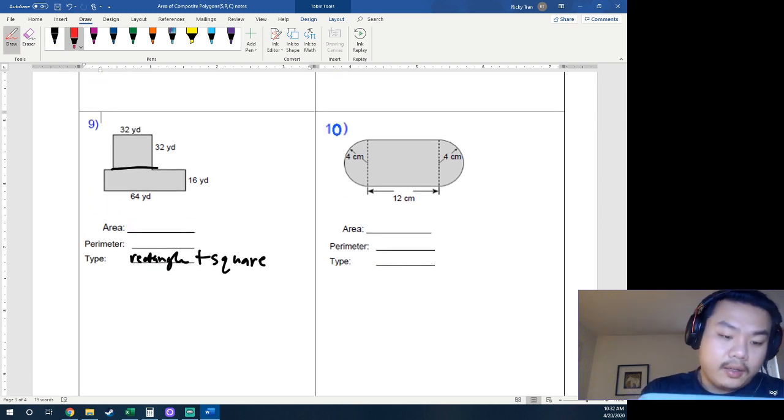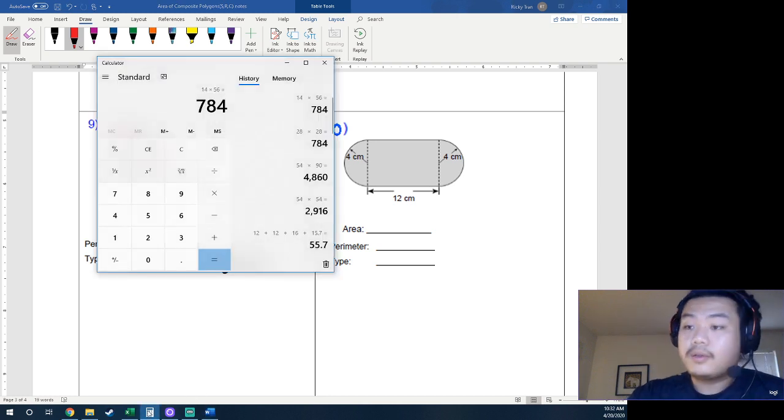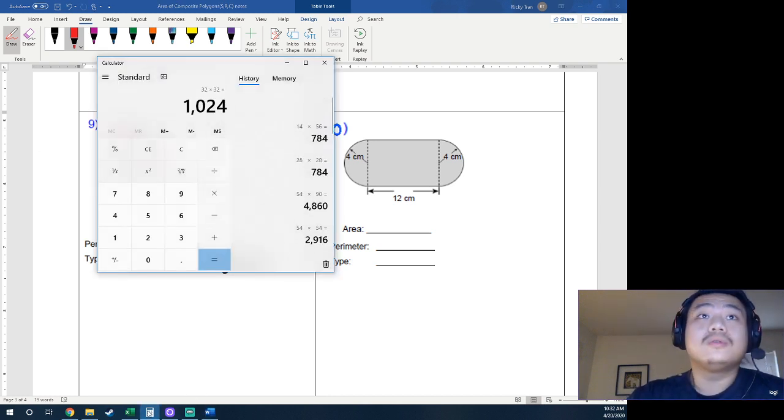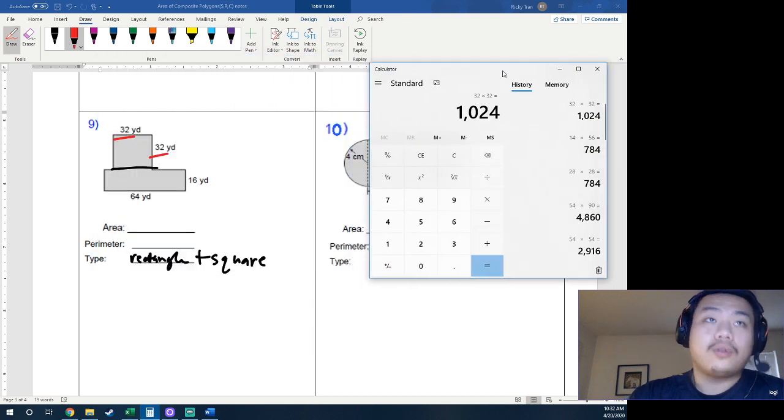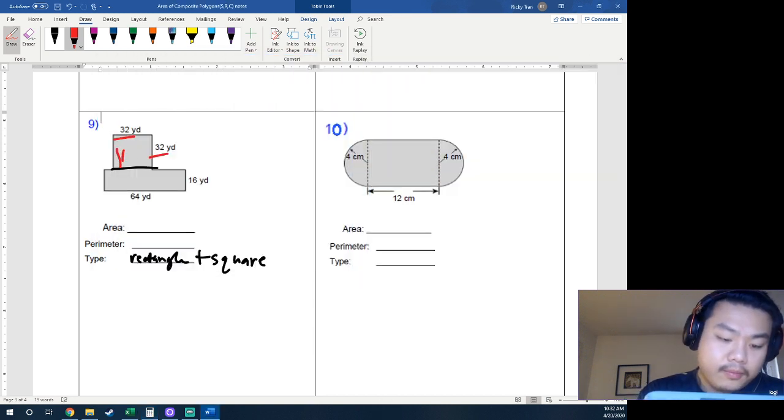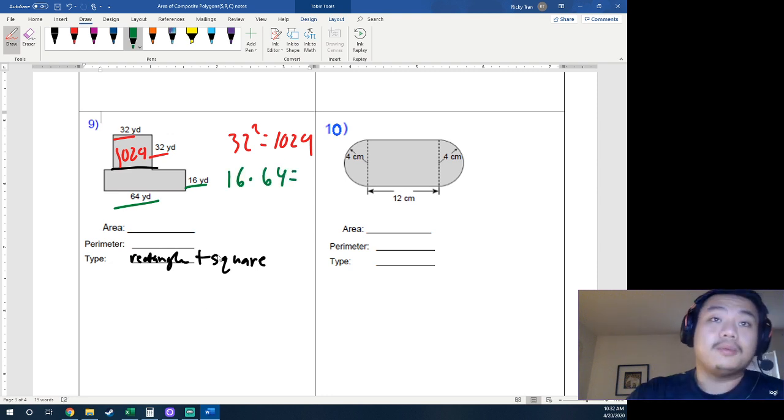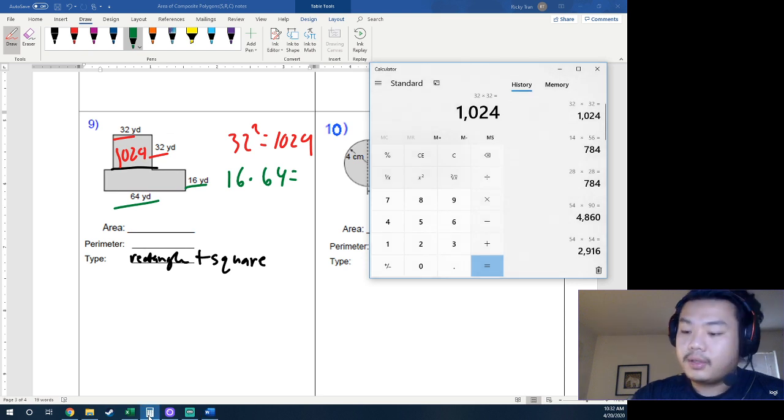Again, we have 32 times 32, 1024. 32 squared is equal to 1024. And then we have 16 times 64, which I believe is actually 1024 as well.